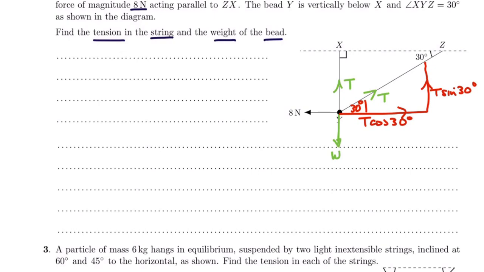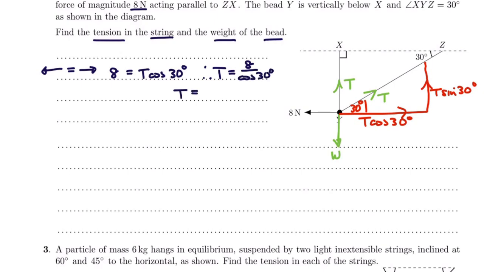So what I'm now going to do is some resolving. Balancing. The first thing I'm going to do is left equals right. So what are we going left? We've got 8, and right is T cos 30. Therefore T will equal 8 over cos 30.